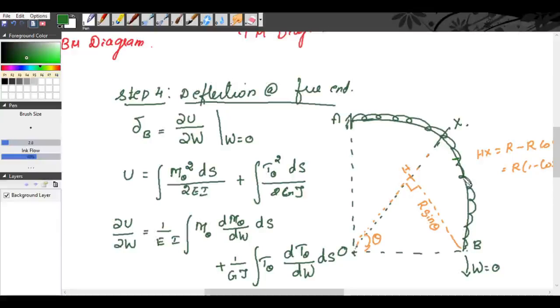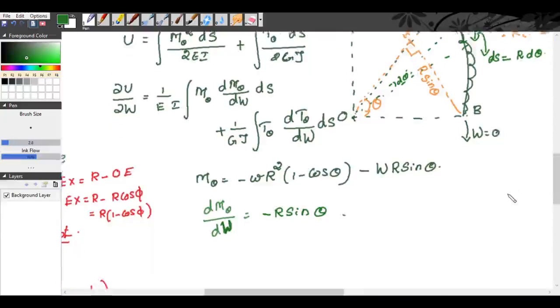We will take a smaller stripe making an angle of d theta. So this distance is ds is equal to R d theta.